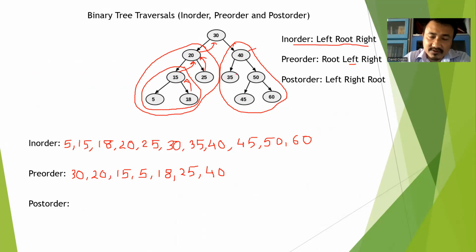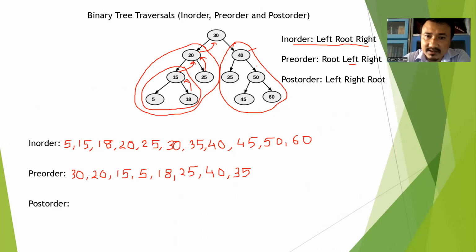And it is the leaf node, so we don't need to go for further traversal because after the leaf node there is no child, so directly we can write 35 here. 35 we have completed. Root we have completed. Left we have completed. Then right side.